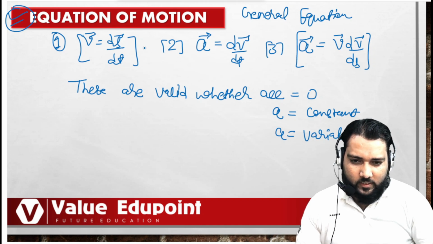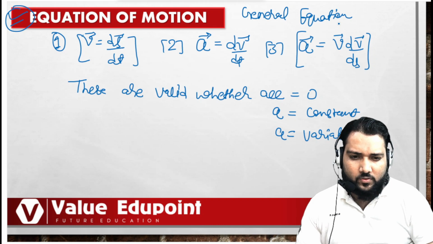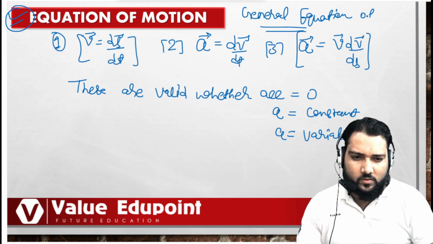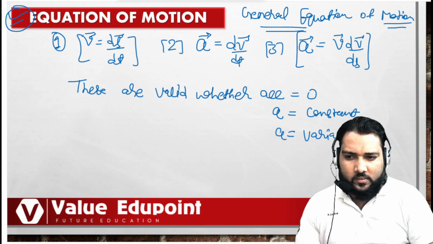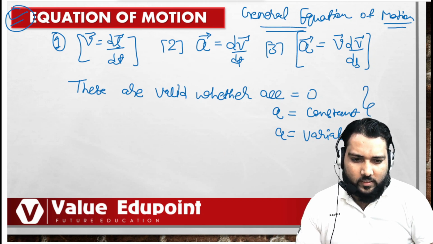Earlier you read the equation of motion v equals u plus at, we will discuss that later. So this is the general equation of motion, and it is valid in all three cases.